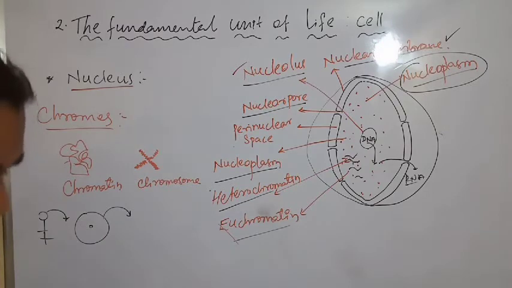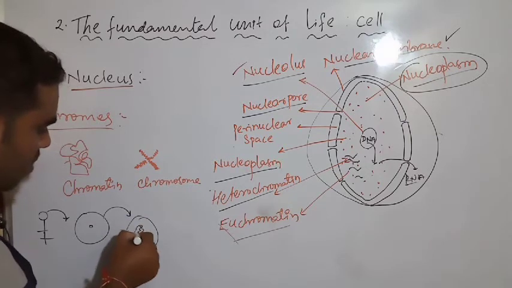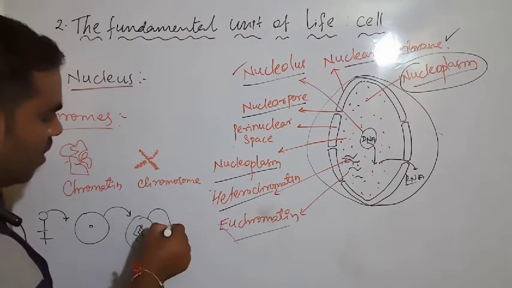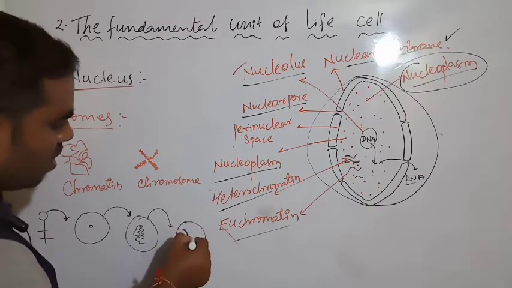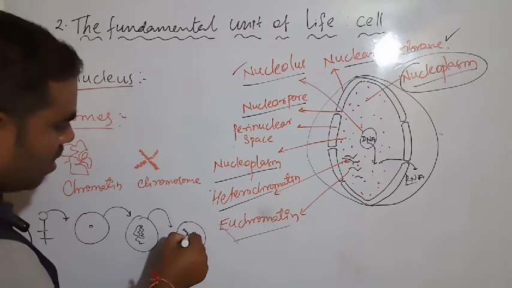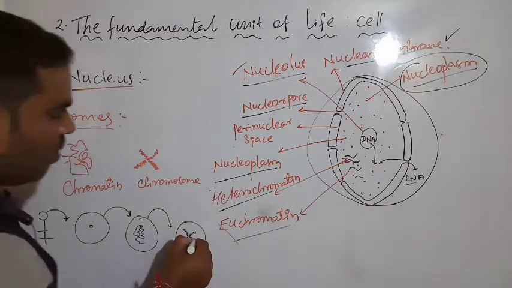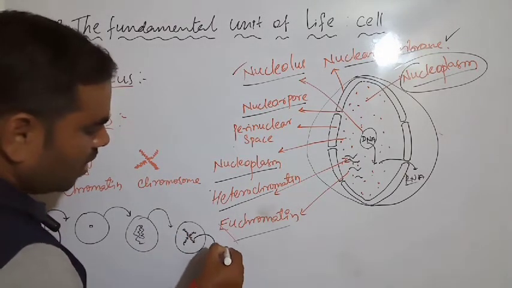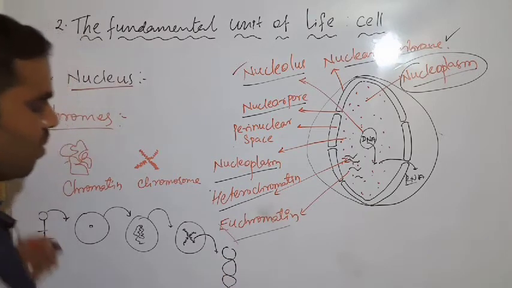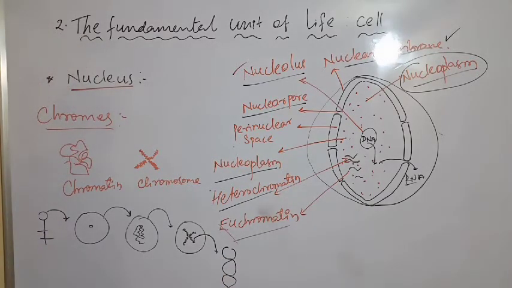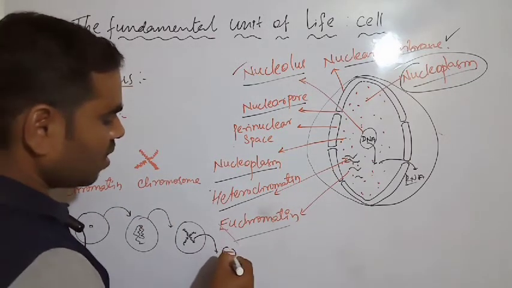This nucleus contains the condensed chromosomes. Chromatin material is there, and this chromatin material condenses together. See this line, this line condenses together and finally forms the DNA structure, the double helical structure. In the double helical structure there are genes.